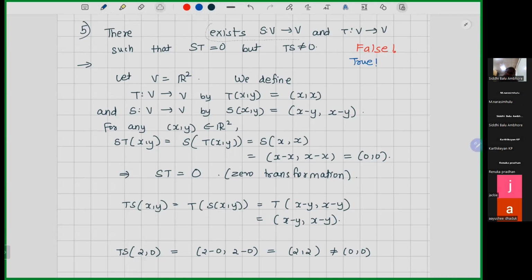So if we keep the statement like this, and if this is less confusing, then let us keep it like this.